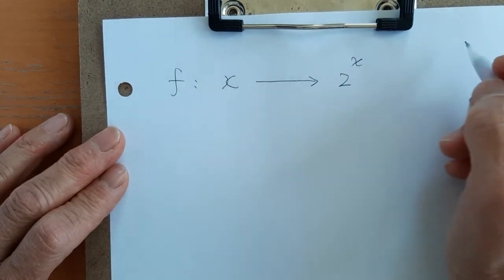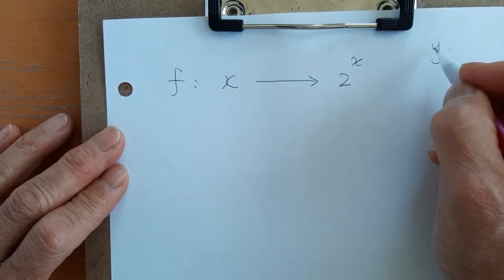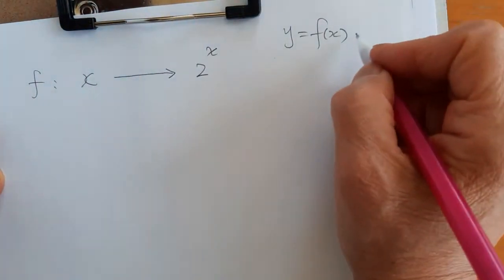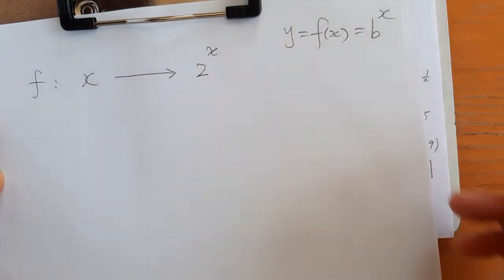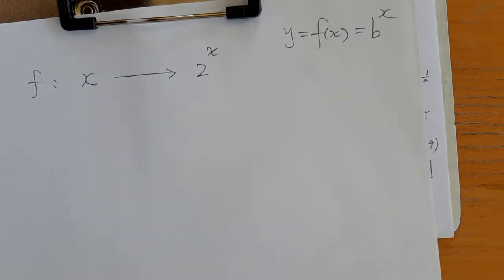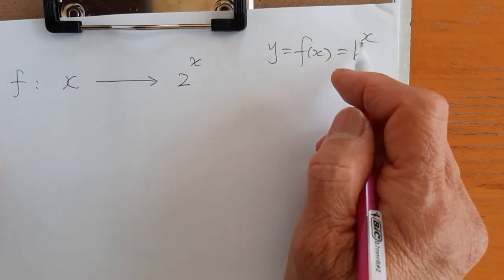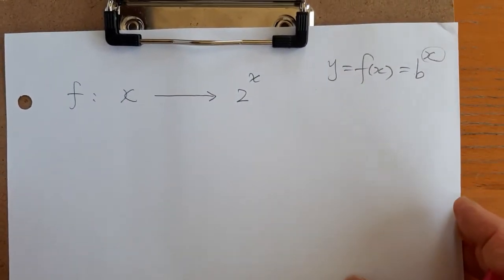For example, the exponential function y equals f of x equals b to the power x. This is the exponential function. b is the base, and x is the exponent.